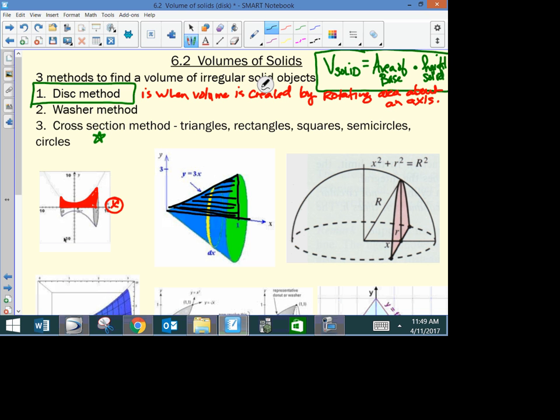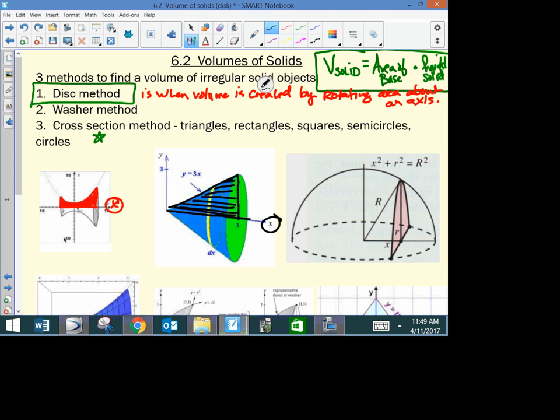And again, we created the cone-ish thing by rotating it about the x-axis again. Okay? It's like those goofy decorations.